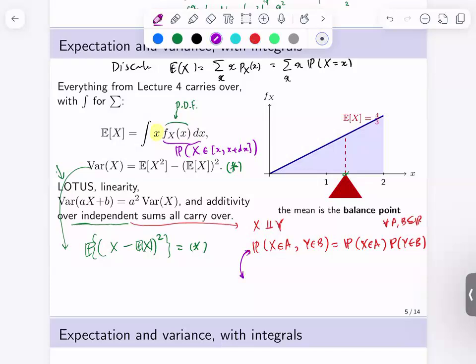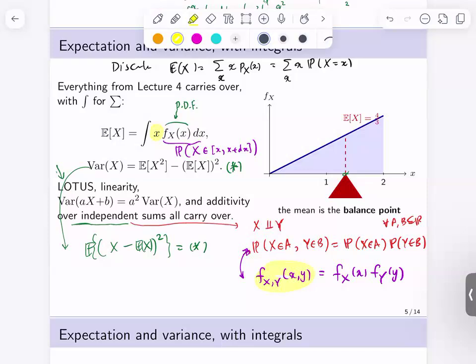But for continuous variables, there's an equivalent version which you can write in terms of the joint PDF, which we'll see later. There's going to be a joint PDF that takes two arguments, and this is going to factorize as the product of the PDFs. So this is an equivalent version in terms of the PDFs, but we need to discuss later what we mean by the joint PDF.